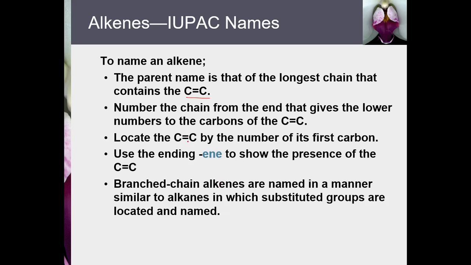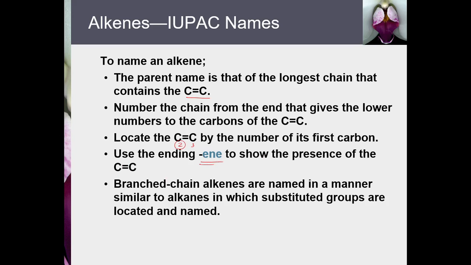Then locate the carbon-carbon double bonds by the number of its first carbon. For example, if the double bond is between 2 and 3, you only use the number 2. The information 2 is enough to say that the double bond is between 2 and 3. Then you use the ending -ene, so the suffix is -ene to show the presence of a carbon-carbon double bond.